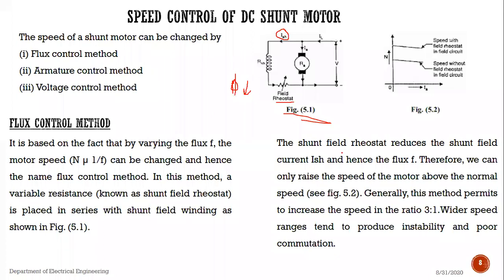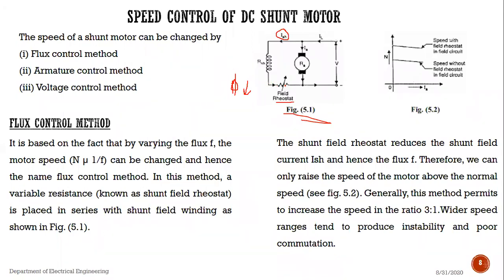If field current is decreasing, what is the effect on the flux? Tell me, anybody. Decrease. Yes, it will decrease, and therefore we can increase the speed of the motor.